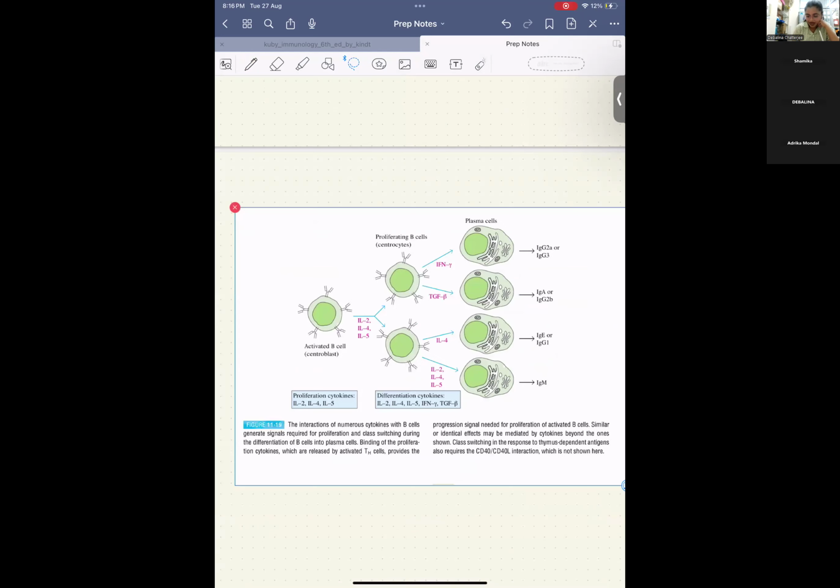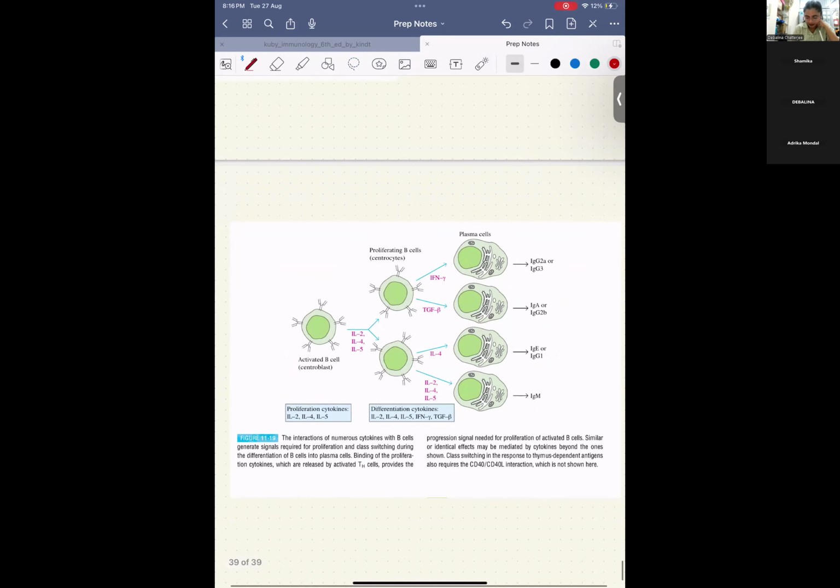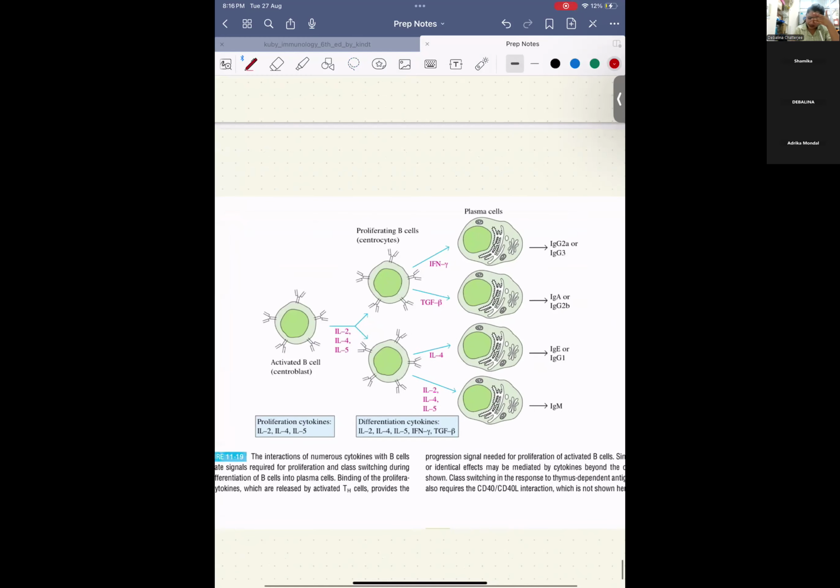So if we have IL-2, IL-4, and IL-5 present, we can have the proliferating centrocytes, from centroblast to centrocytes, that can now differentiate. So division is being triggered in presence of IL-2, IL-4, and IL-5. Once these cytokines are there in its microenvironment, this centroblast divides into centrocytes, which are now further acted upon by the presence of certain other cytokines.